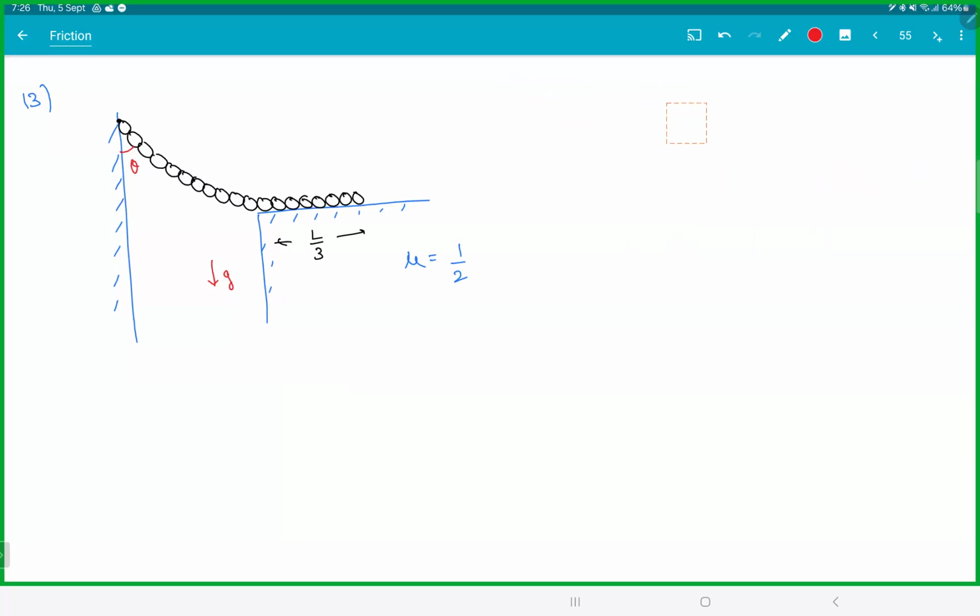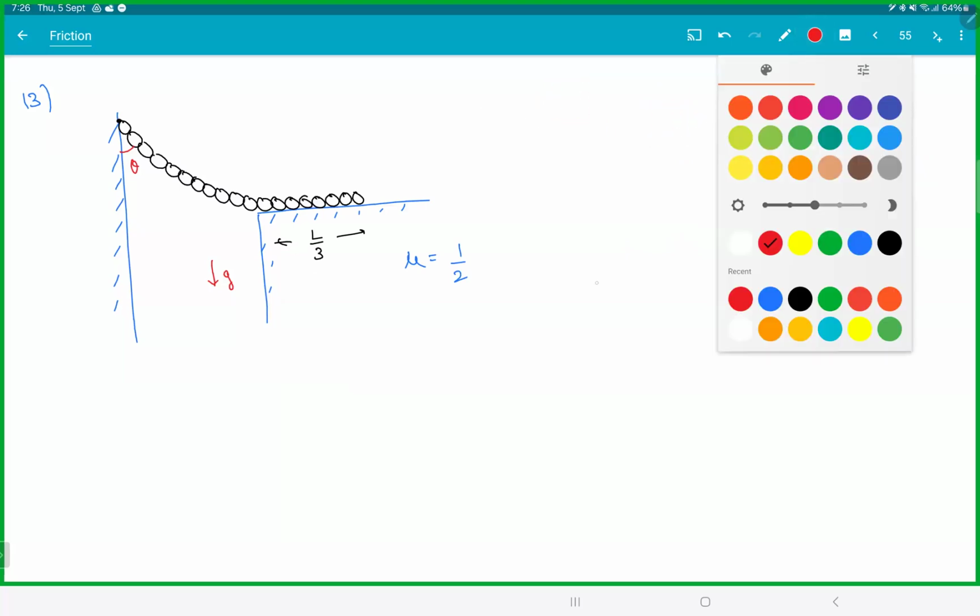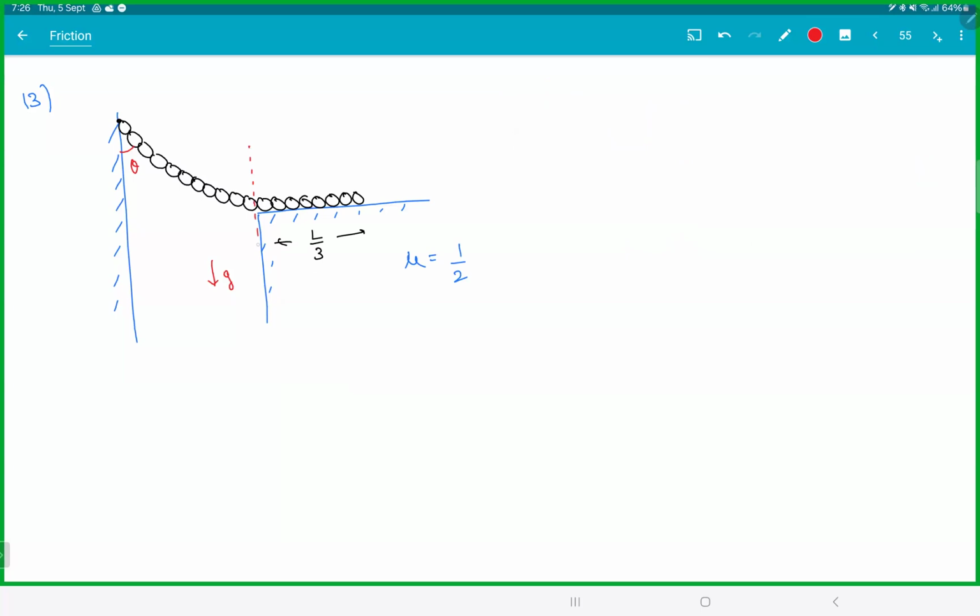Let's divide the problem into two parts. Let's cut the chain here. Now if you cut the chain there, the problem becomes like this. This part of the chain is hanging like this, and this part of the chain is on the table. Now, if you look at the forces, at this point, we have the tension T here. This is angle theta.